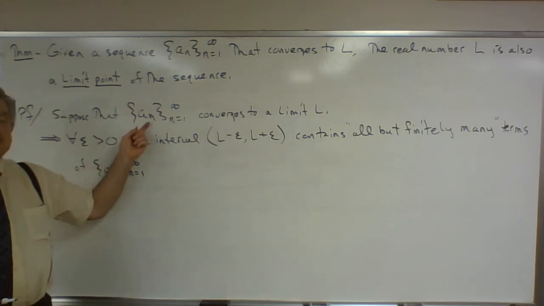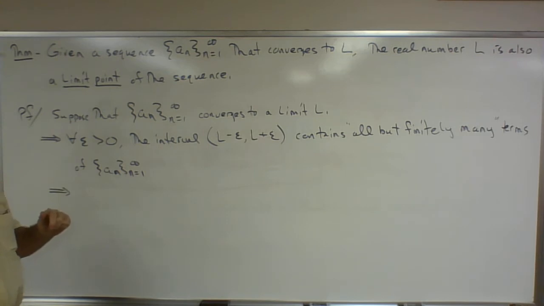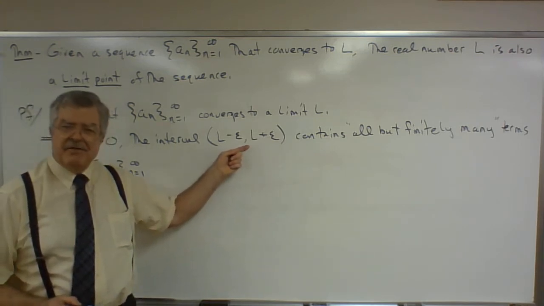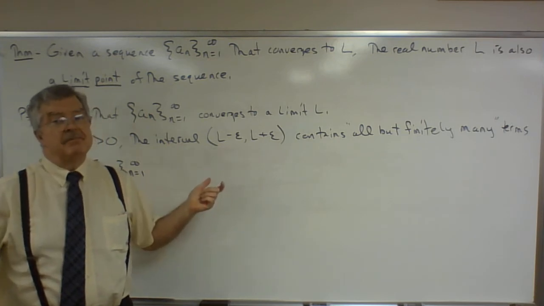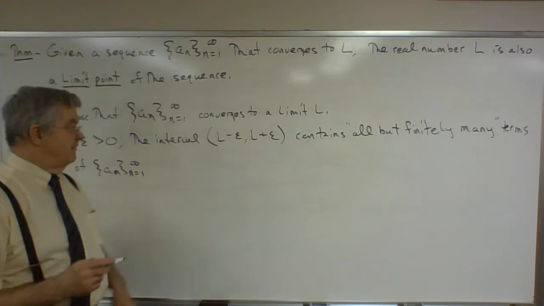But the sequence consists of infinitely many terms. So if only finitely many of the terms fail to be in this interval, where are the rest of them? They're in this interval, infinitely many of them.